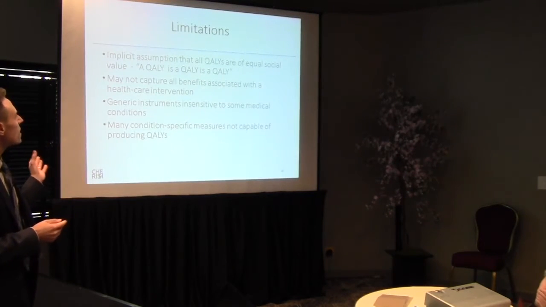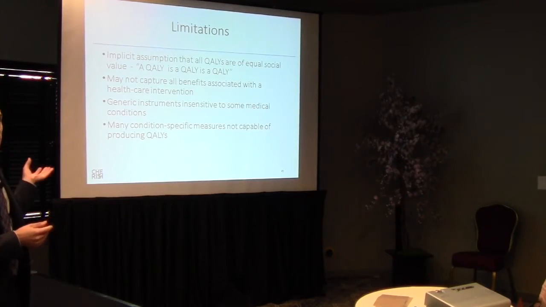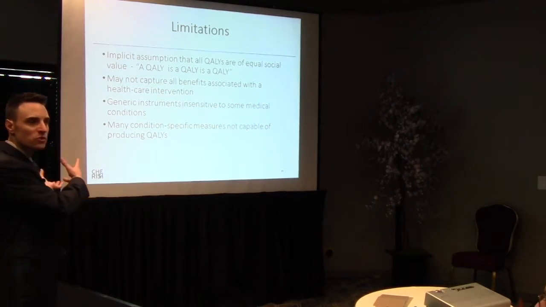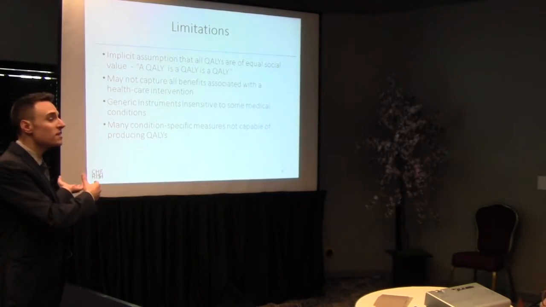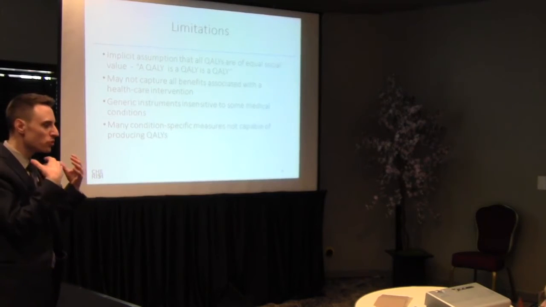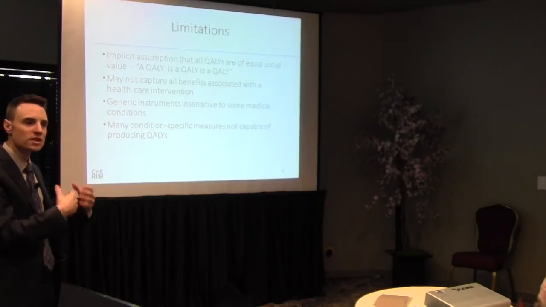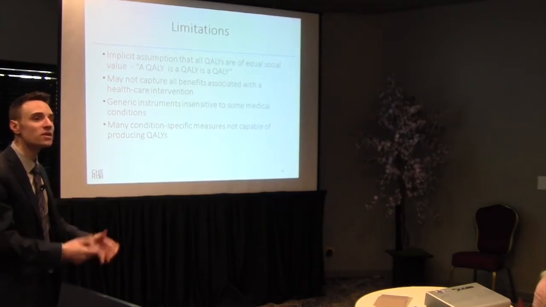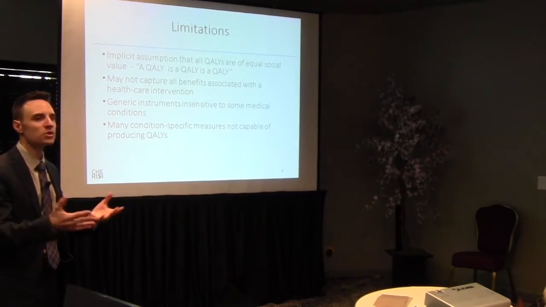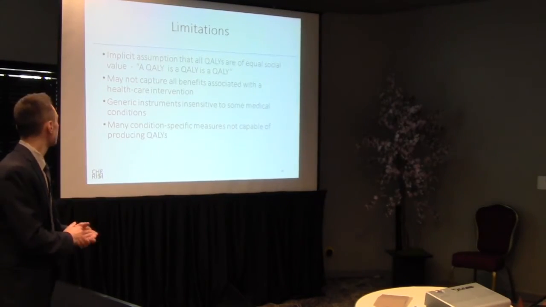The other thing is it may not capture all benefits associated with a healthcare intervention. For example, we talked about that spousal offset a minute ago. Then of course, improving someone's life and getting them into therapy may make them a better parent. Well, as we know, there's this ripple effect that just keeps going. We're not going to be able to capture all of that, right?